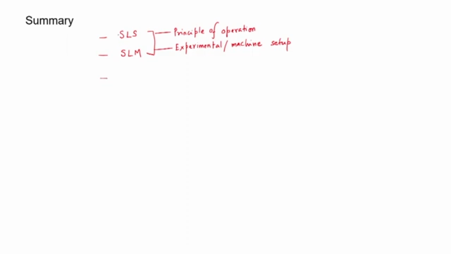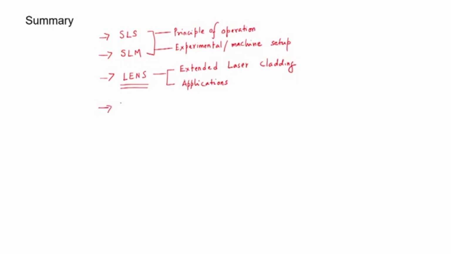Then we have also seen the LENS, laser engineered near net shape generation. So, that is LENS, very useful technique, which is nothing but the extended laser cladding process, and we have also seen their applications.